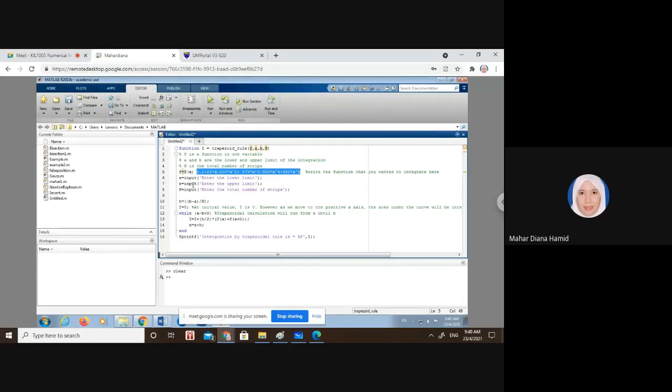And number 6 here, when you run this particular file, MATLAB will ask you to input the lower limit, which corresponds to A, and the upper limit, which corresponds to B, while N here is the total number of strips or segments.